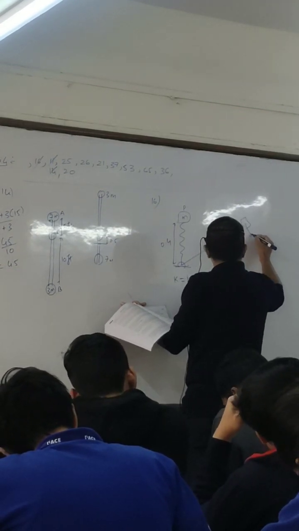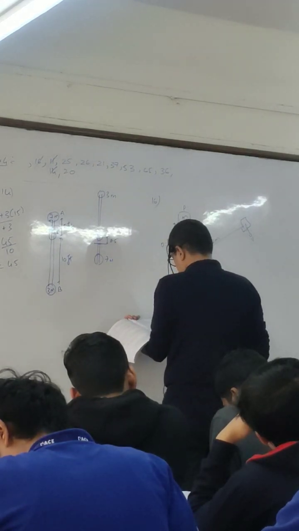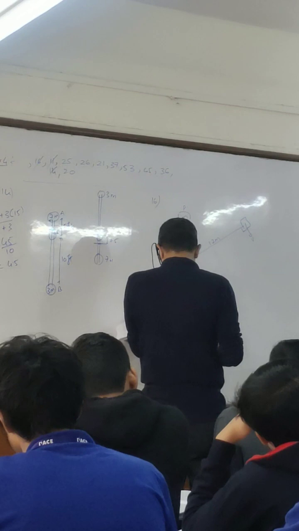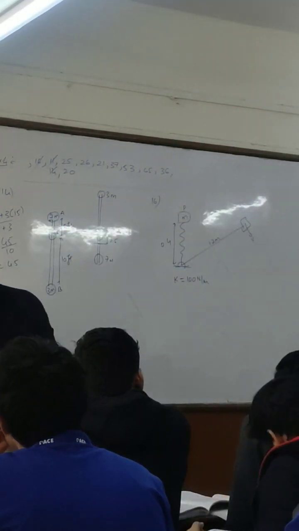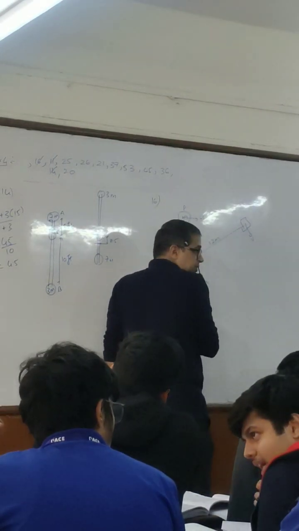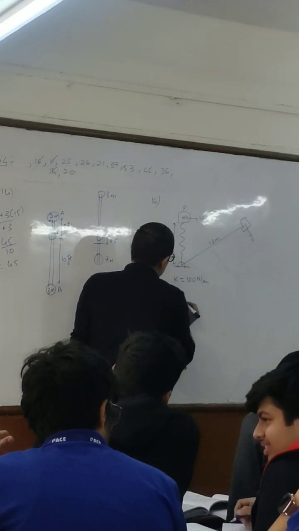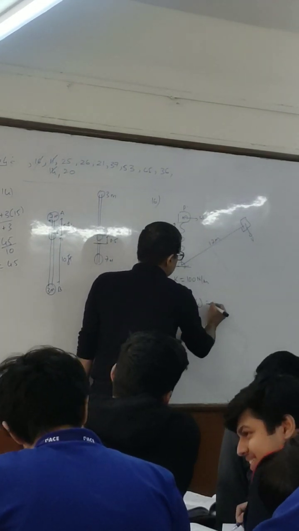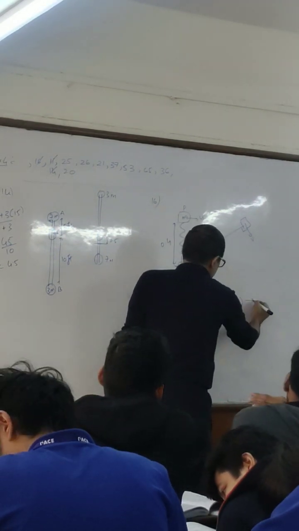If it is 1.2, maximum value means v should be perpendicular to r. Right? Now listen to this. Initially you gave this a velocity of u. This is the hinge. So initial angular momentum is mu into 0.4. Final angular momentum mv into 1.2.